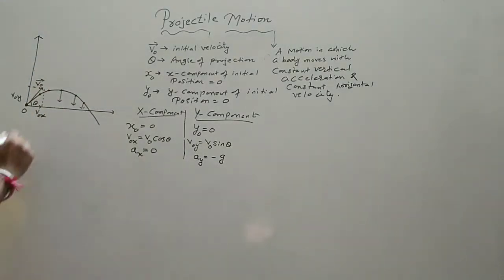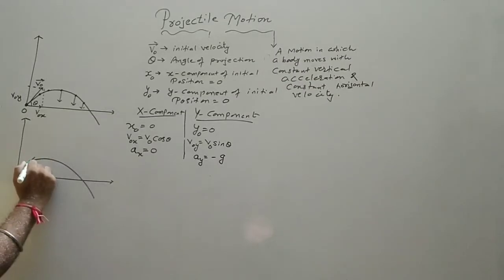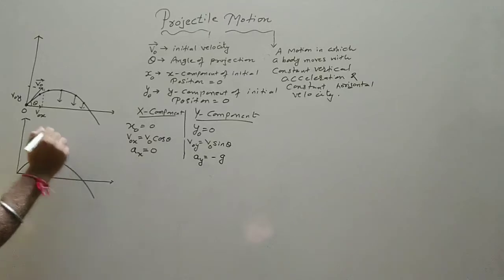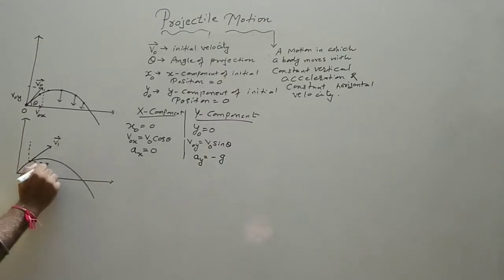Now at any instant, if I take a different instant of the path of a body, suppose I take this instant, so here we have a velocity, it will be less than the initial velocity because the body is going in the upward direction. And at any instant the velocity should be drawn along the tangent. Let us assume that a velocity is v1 at this point. So again I have to resolve it into two components.